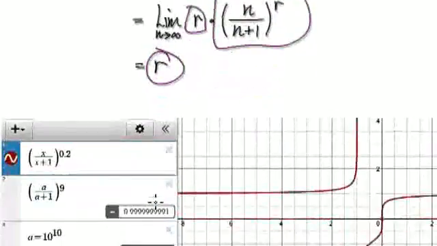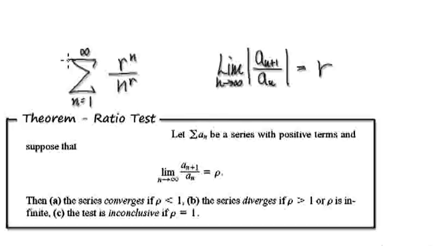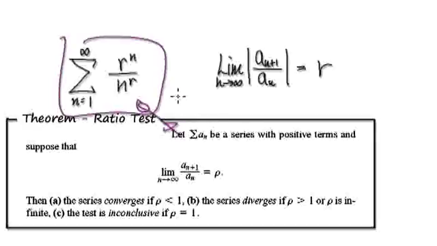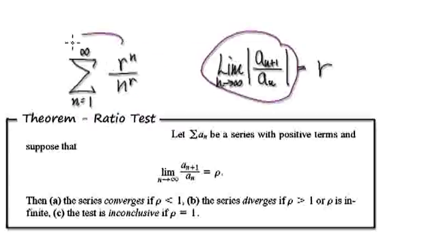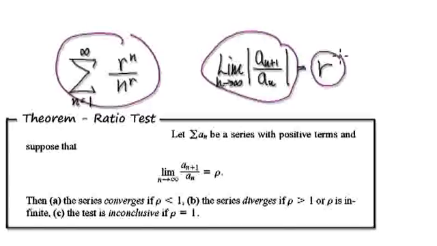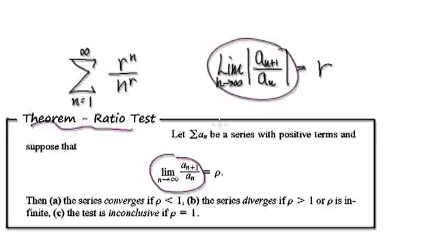So let's go back to the very start. From the very start, we wanted to investigate whether this series will converge or diverge. We would perform the ratio test. When you perform the ratio test for this case, it will give you r. So if you look at the ratio test theorem, compute this bit here.